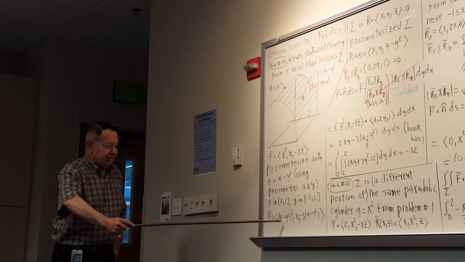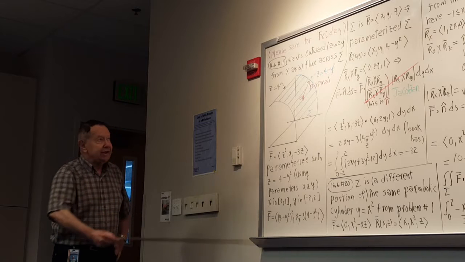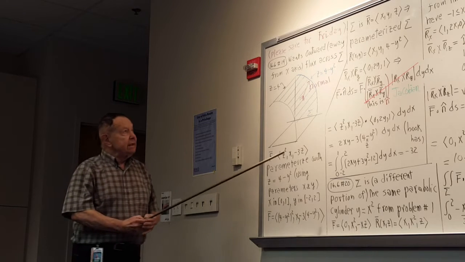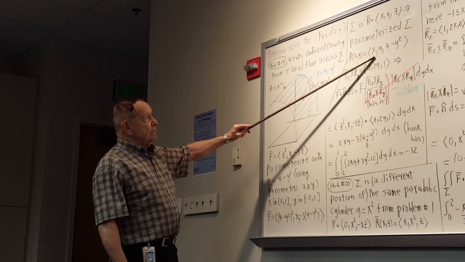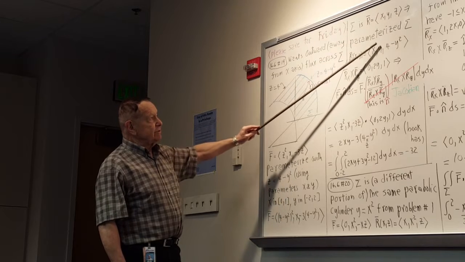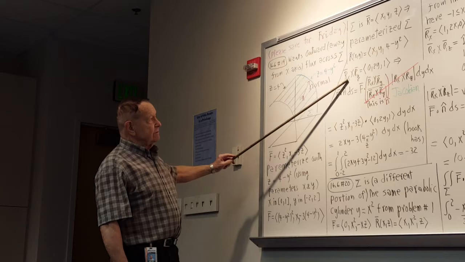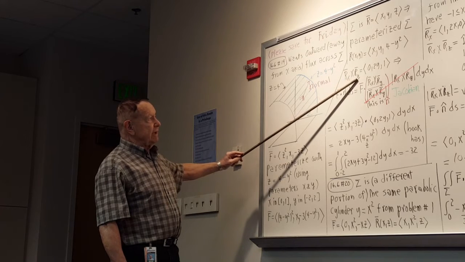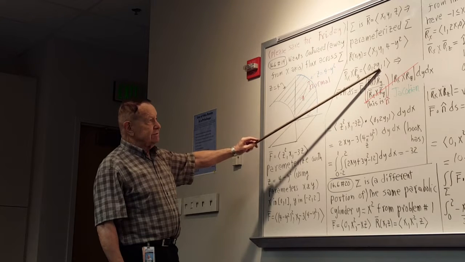So this is the field parameterized with parameters x and y. And so the parameterized r then is x, y, and then z replaced. Take your partial with x, partial with y, and cross them, and you'll get this.